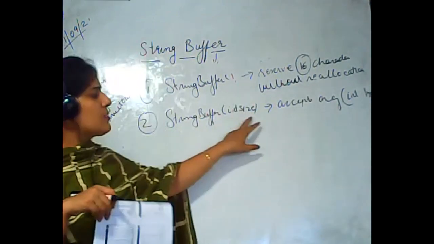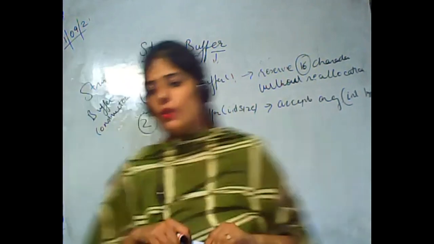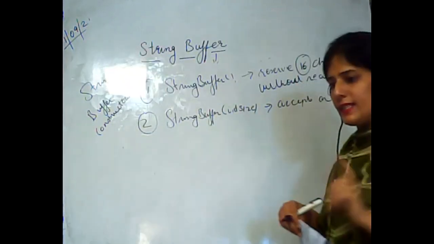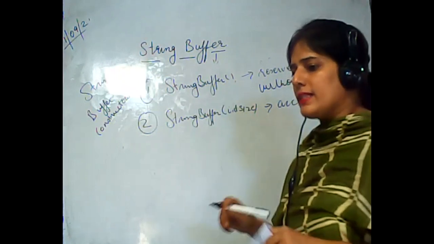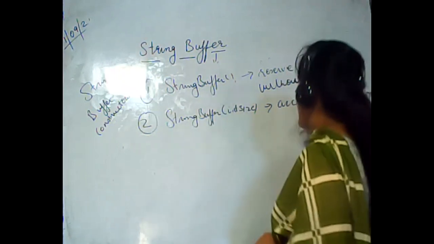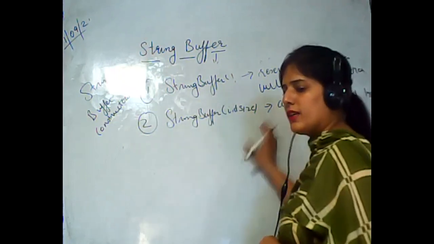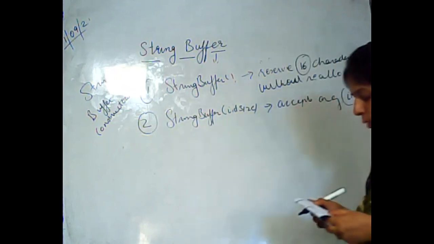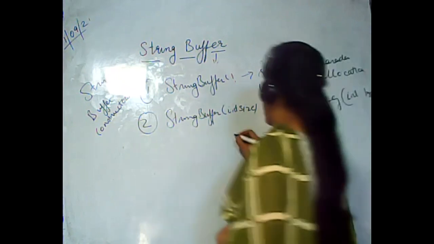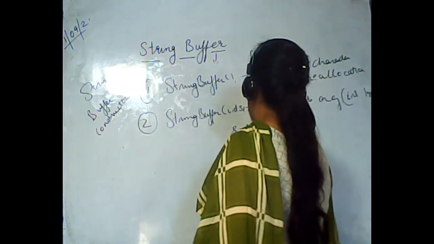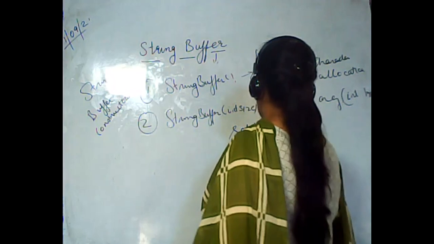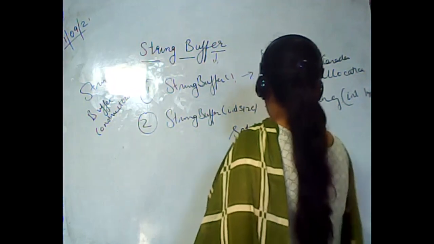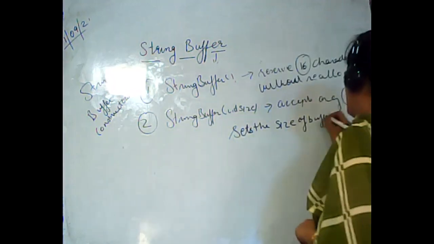Why do we require this size? Just to explicitly specify the size for which we want to reserve that memory location for that particular string. So it explicitly sets the size of the buffer.